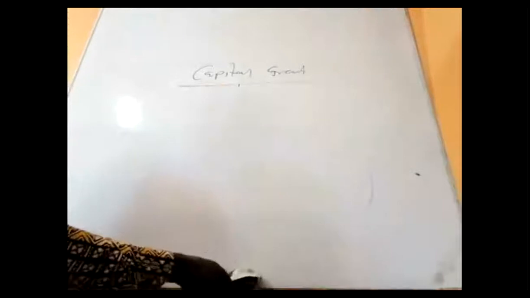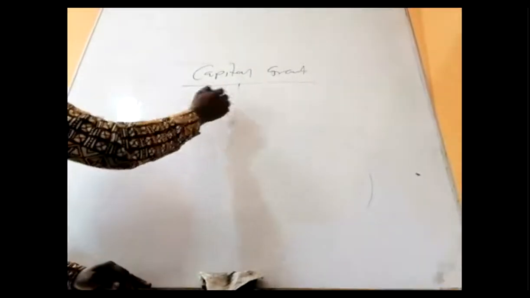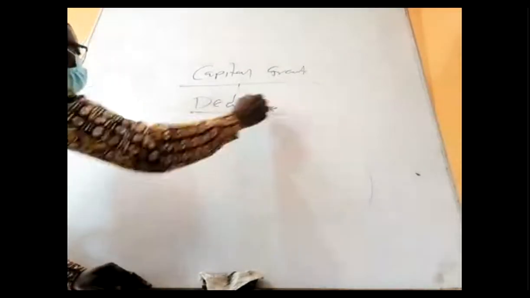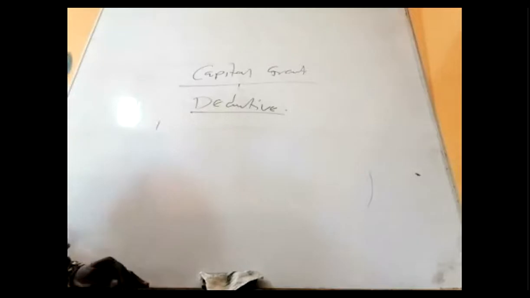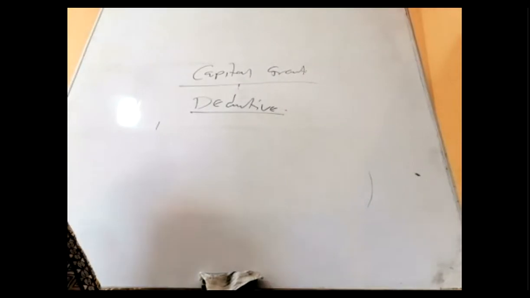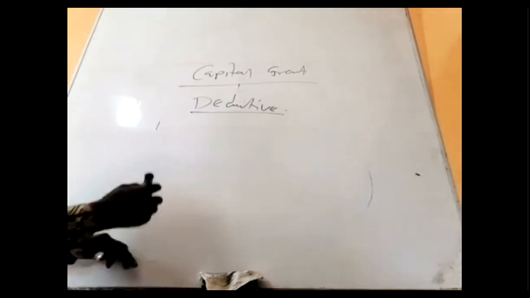Under the deductive method, let us remember that the entire grant will be subtracted from the cost of the asset, and depreciate the remaining balance. That's all.